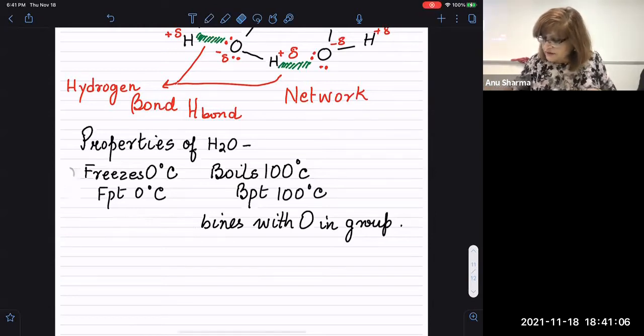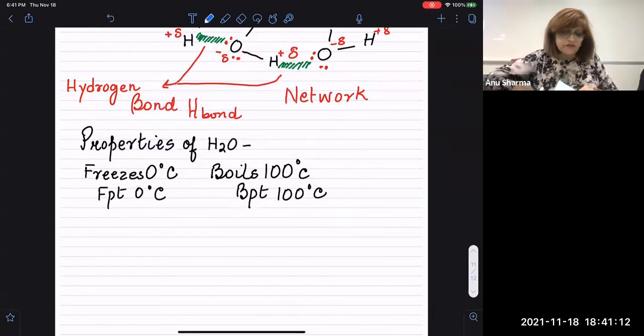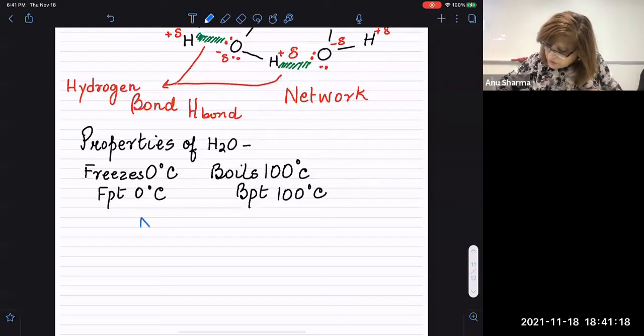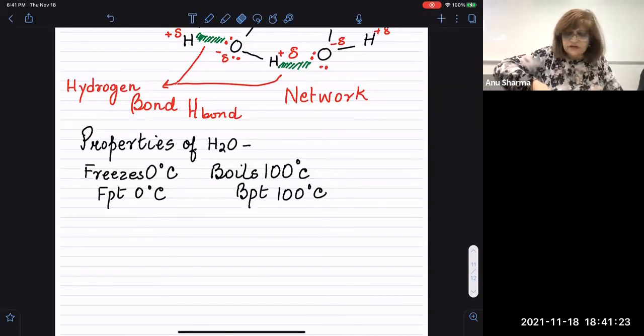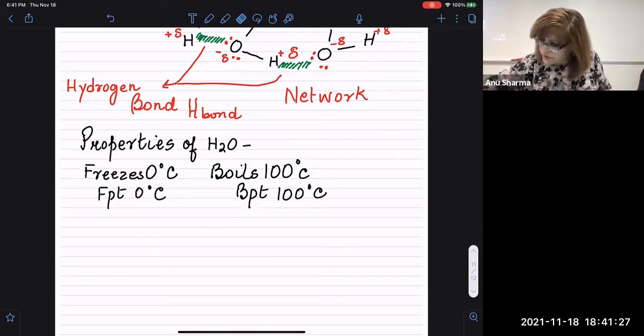So let's look at this here first. It's a very weird kind of diagram, but let's see if we can get it.